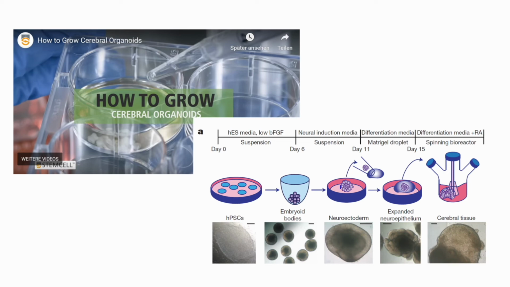These embryonic bodies, which are kind of an intermediate between human pluripotent stem cells and more differentiated three-dimensional structures, are transferred to a different culture dish and embedded into Matrigel, which gives them a different environment where they can grow further in 3 dimensions. Then they're transferred to a spinning bioreactor, which resembles blood circulation, and then they just grow by themselves. So it's actually not that complicated.